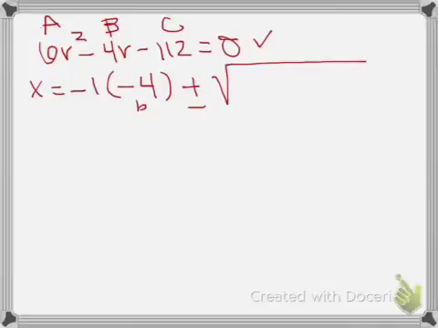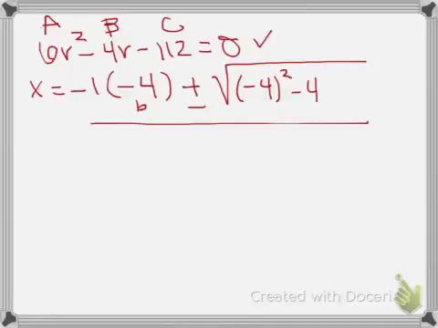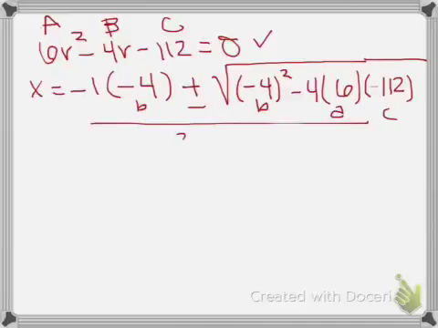And I'll go ahead and write down below it what we plugged in. And it's supposed to be b in parentheses squared minus 4 times 6, because that's a, times negative 112, because that's c, all over 2 times 6.